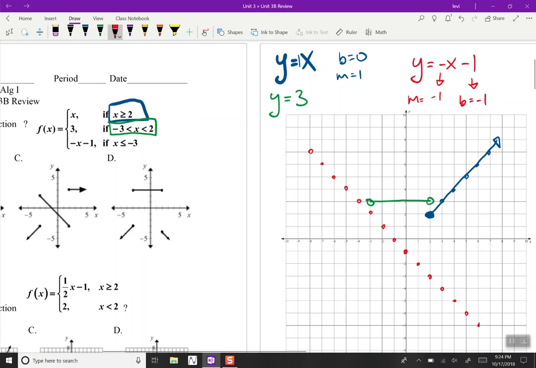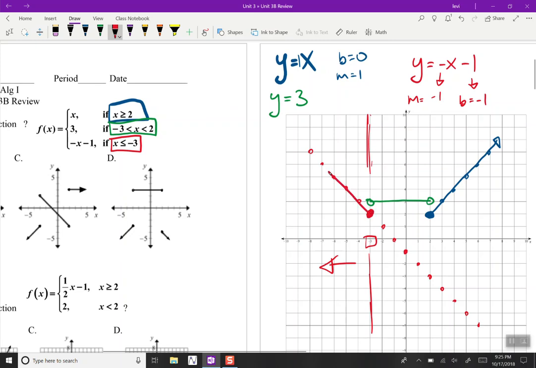Like this. But then our constraint says that we just want x values that are less than or equal to negative 3. Well, where's negative 3? Negative 3 is right there. So that means we want to be less than or equal to, meaning to the left. Because of the equal to symbol at negative 3, I want to put a closed circle here.